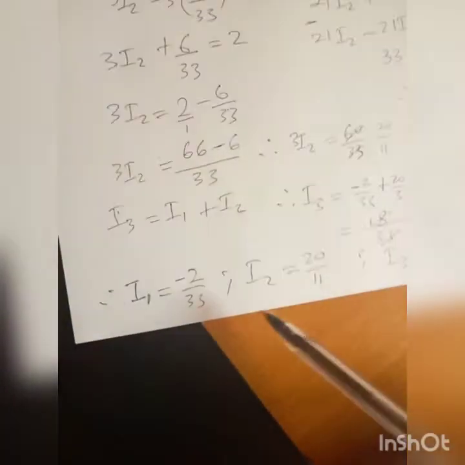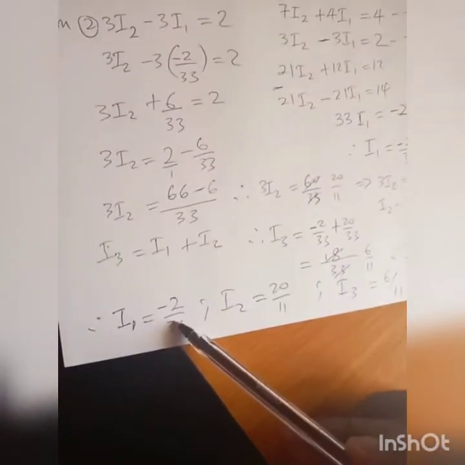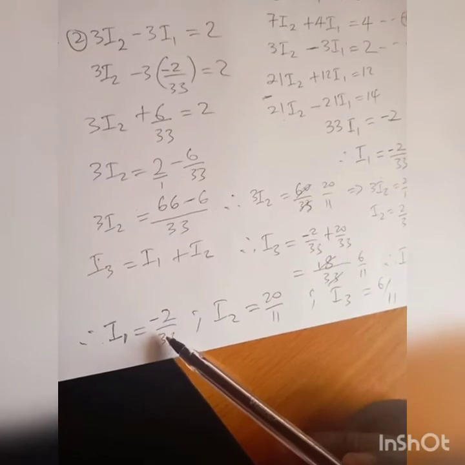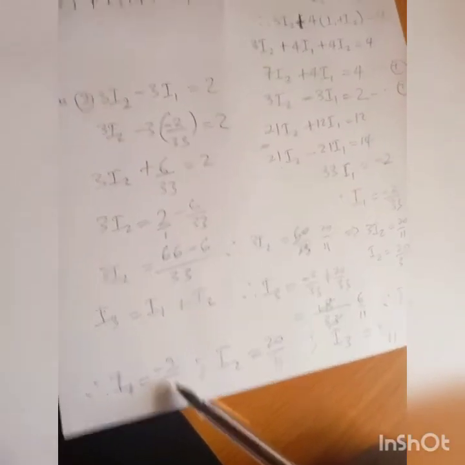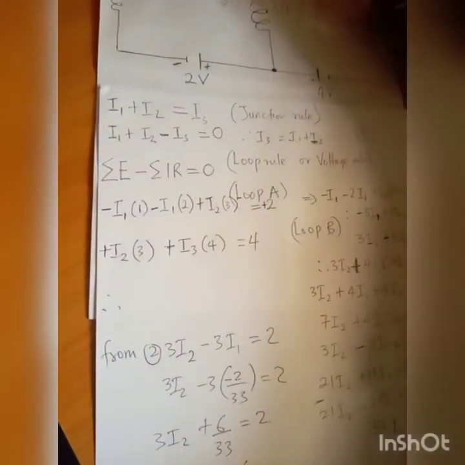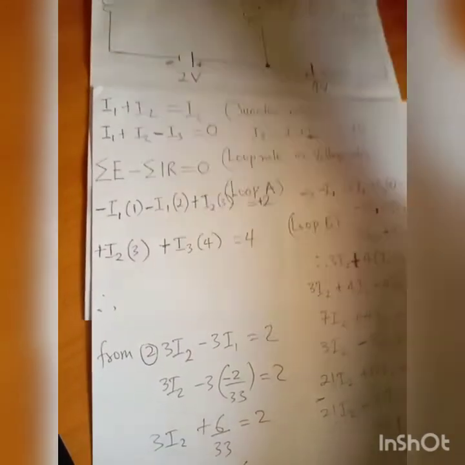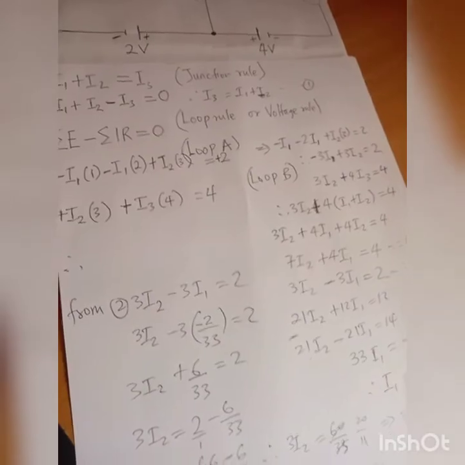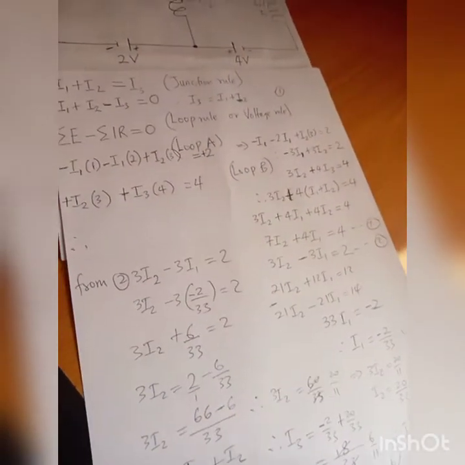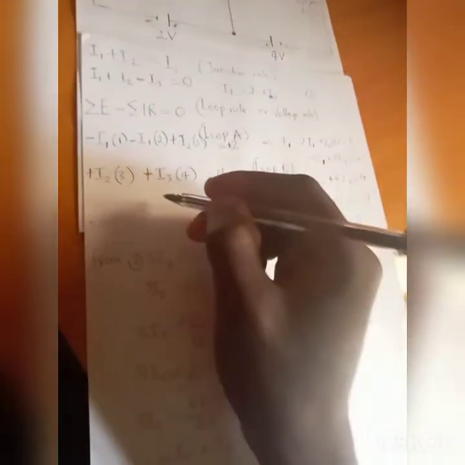But for this I1 that is negative, it means that the direction we took as our I1 is not what it's supposed to be. I1 is supposed to give you opposite direction. So we put the direction this way.